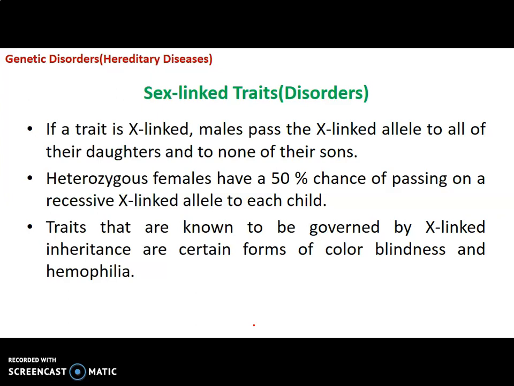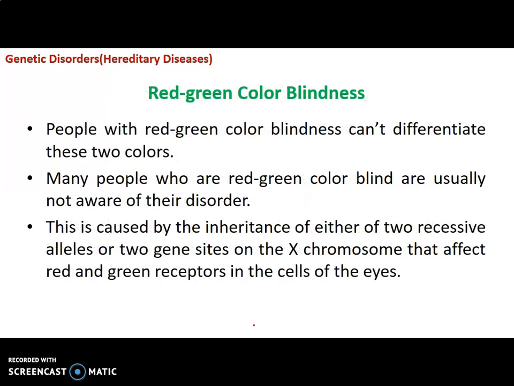In color blindness, the person who suffers from this will be unable to differentiate between red and green color. Why? Because the X chromosome that affects the red and green receptors in the cells is damaged.